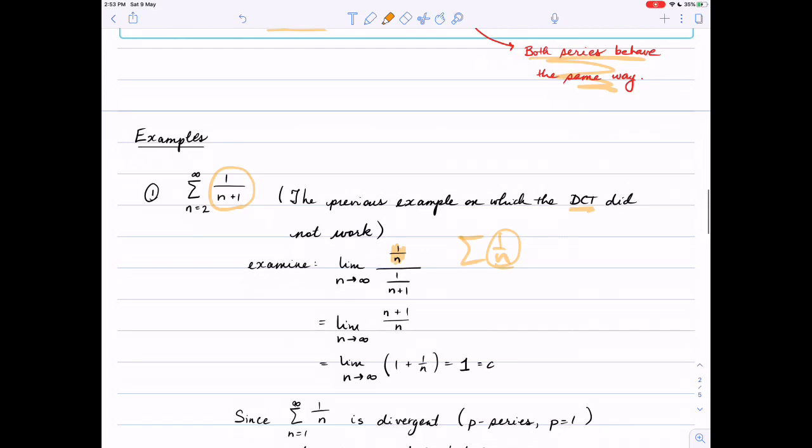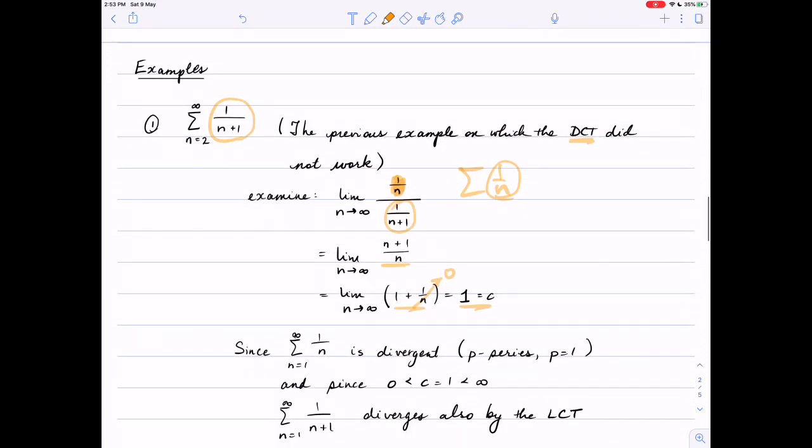We've got a little bit of algebraic manipulation to do here. We multiply by the reciprocal. So we get this limit here: n over n plus 1 gives me 1 over 1 plus 1 over n. That term goes to 0, and so our limit is equal to 1.